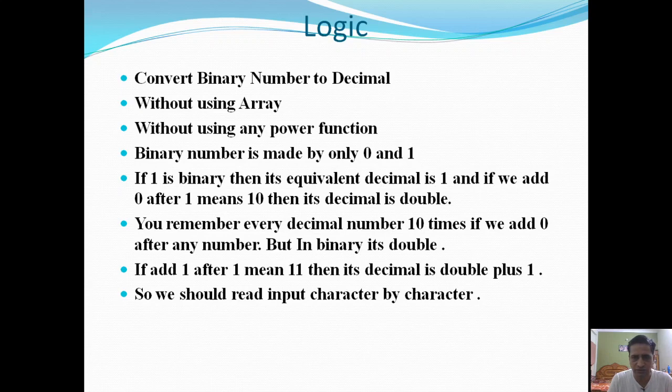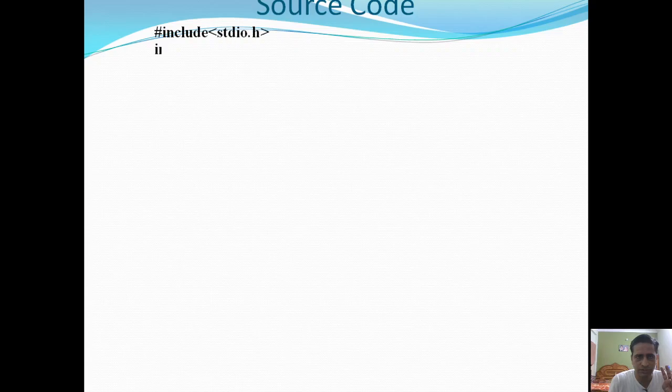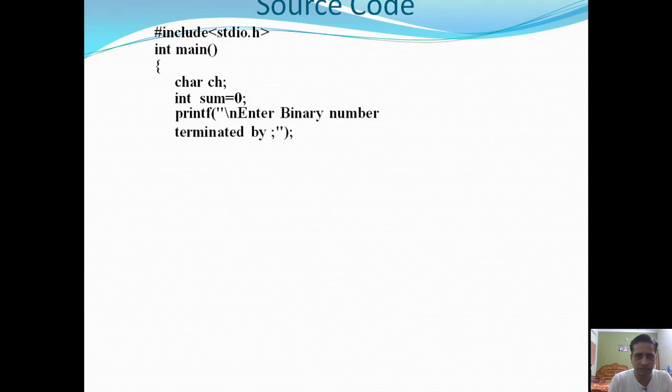If we add 1 after 1, meaning 11, then the decimal value is double plus 1. So we should read input character by character: if the input is 0 then double, and if the input is 1 then double plus 1. That's why we use a character variable. So: enter the binary number terminated by semicolon.